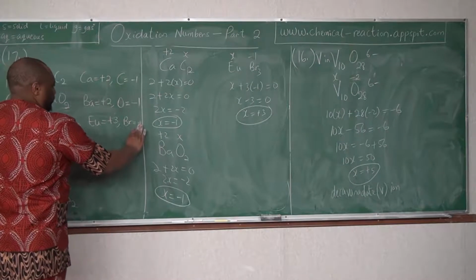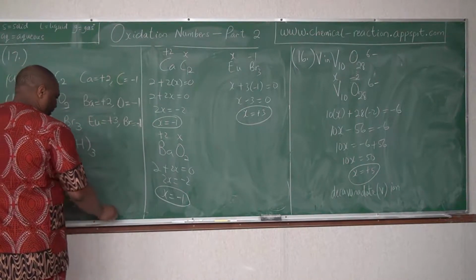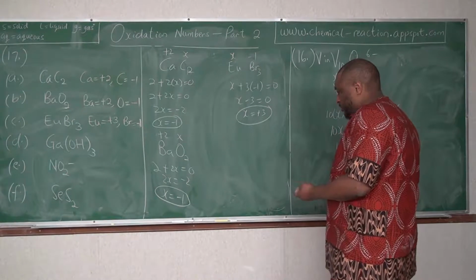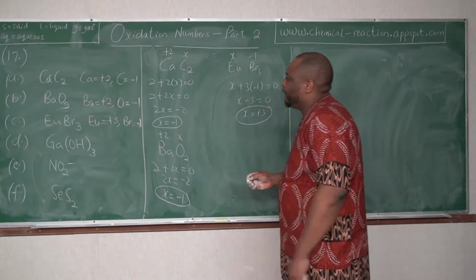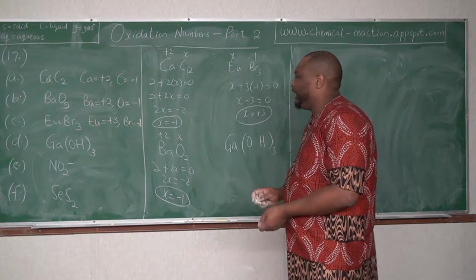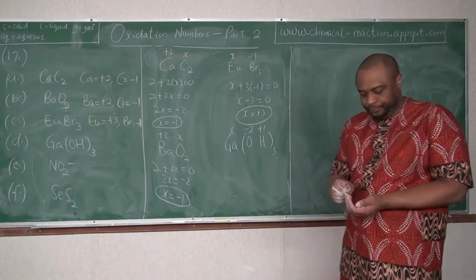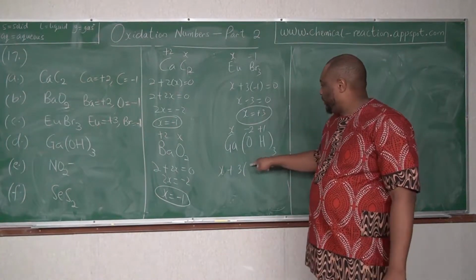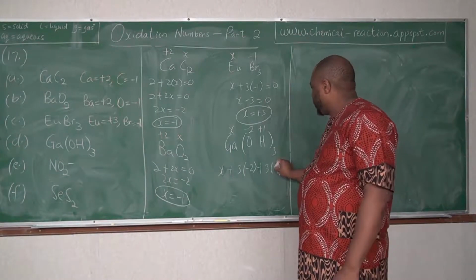Gallium, let's find the oxidation number of gallium hydroxide, Ga(OH)3. Let the oxidation number of gallium be X. Oxygen is minus 2, hydrogen is plus 1. So X plus 3 times minus 2, plus 3 times 1 equal to 0.